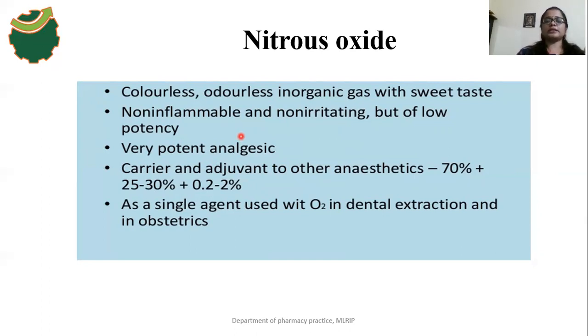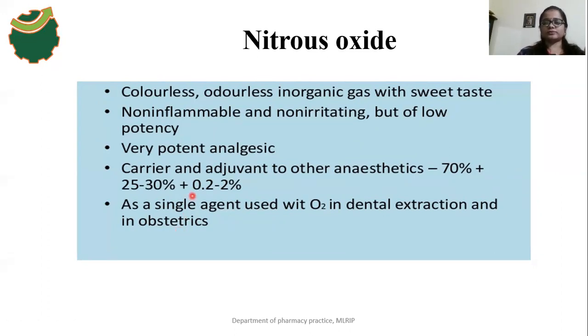And single-agent nitrous oxide is used with oxygen in dental extraction, and it is used in obstetrics. Obstetrics is a branch of science that deals with what? Pregnancy and childbirth.